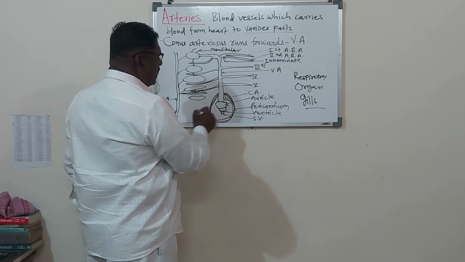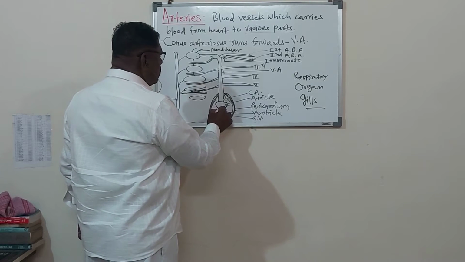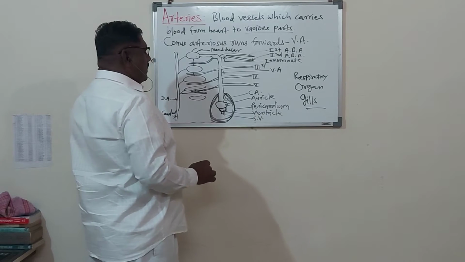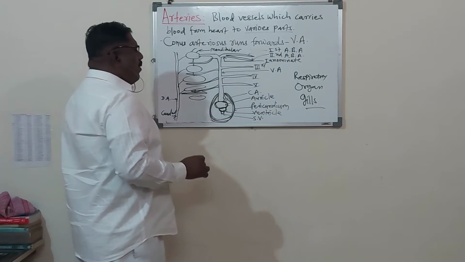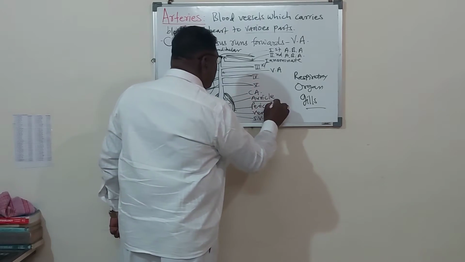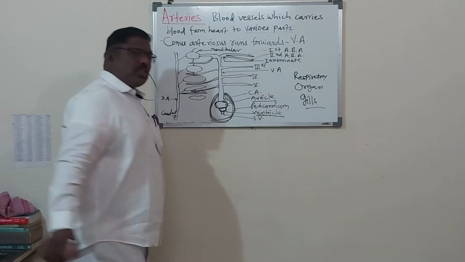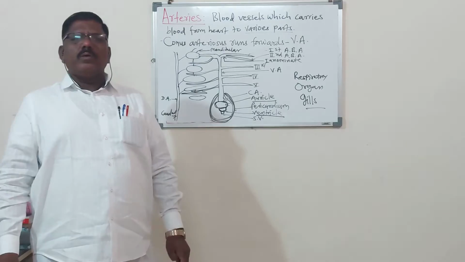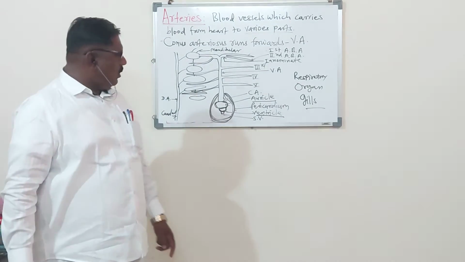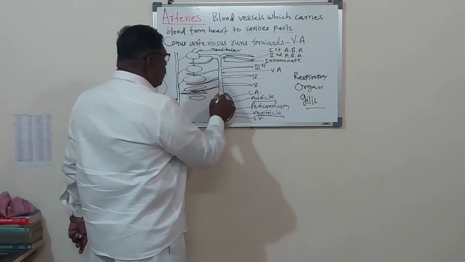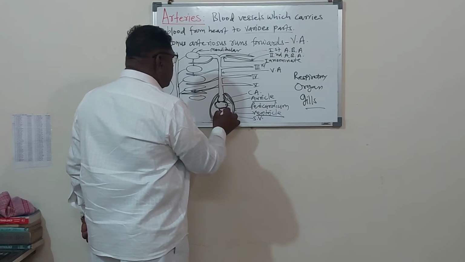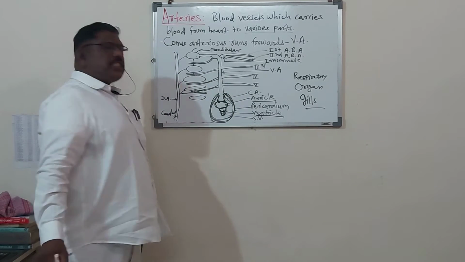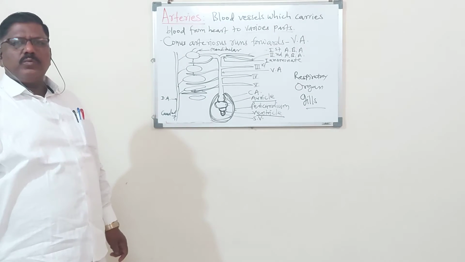Then sinus venosus, the ventricles. Then from the ventricles, this is the auricles. So remember, auricle and ventricles are the true chambers of the heart of fish, heart of scoliodon. And this another two chambers, conus arteriosus and sinus venosus. These are the false chambers of the heart of scoliodon.